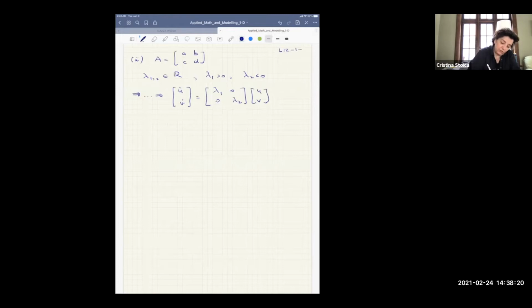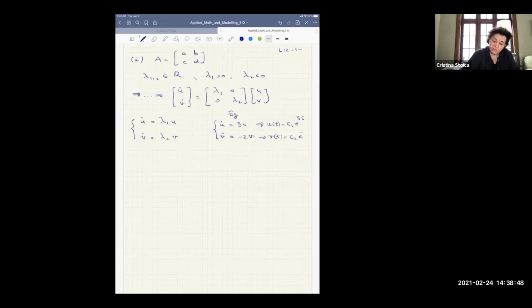So you'll have U dot is lambda 1 U, and V dot is lambda 2 V. For example, U dot is 3U, positive, and V dot is negative 2V.